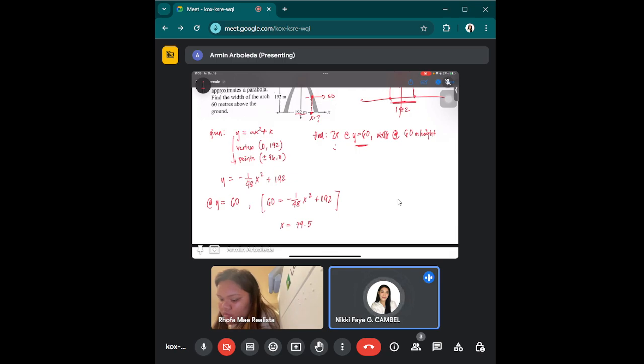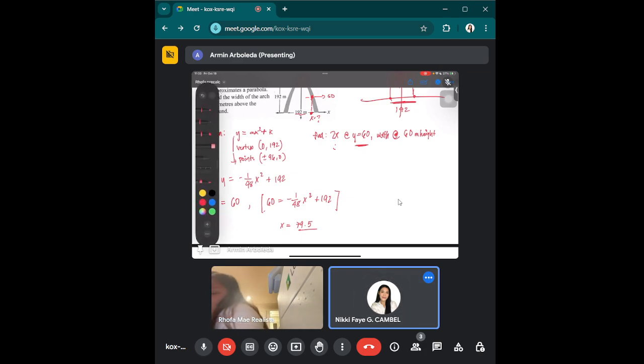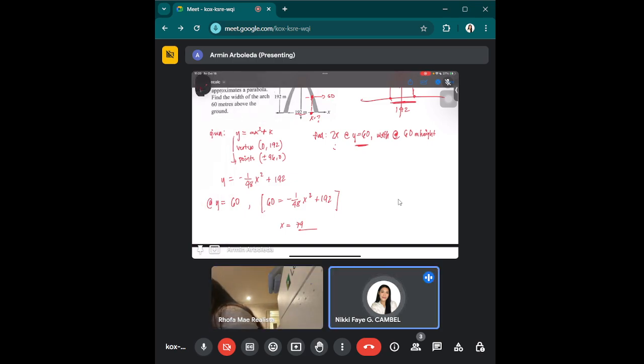That's your shift and solve. Matagal po yung pag-solve niya. But you're gonna get around 79.6. I'm gonna teach you more about shift solve tomorrow.